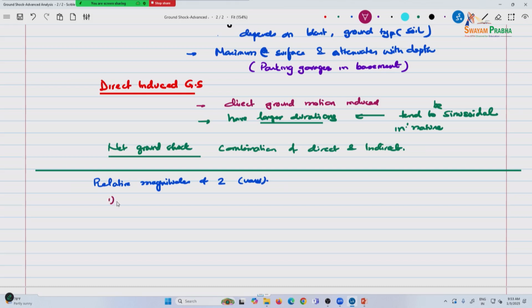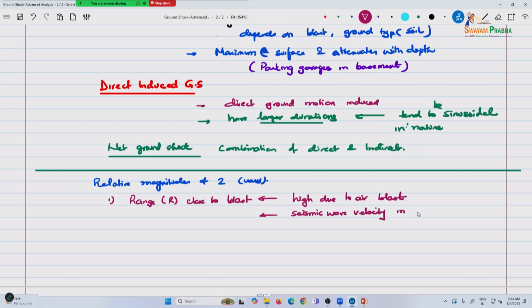So first one, if the range, or the R value, is close to the blast, then it is very high due to air blast, and you have a seismic wave velocity that we calculate. We'll look at that in the ground.